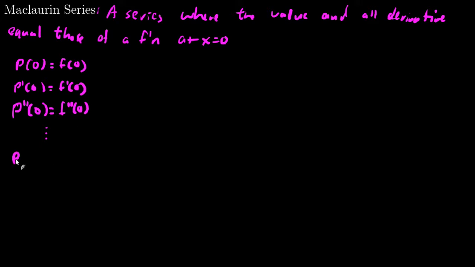In general, the nth derivative of P evaluated at 0 equals the nth derivative of f evaluated at 0, and it continues forever. It does not stop like it did for Maclaurin polynomials. Now, before I jump into some examples, some things that you might want to keep in mind.